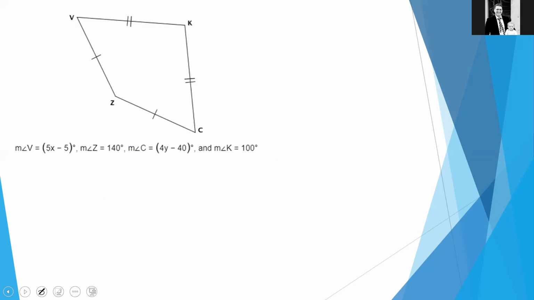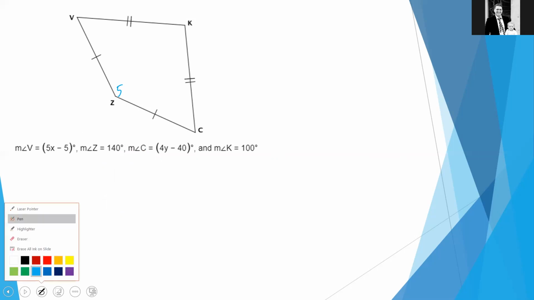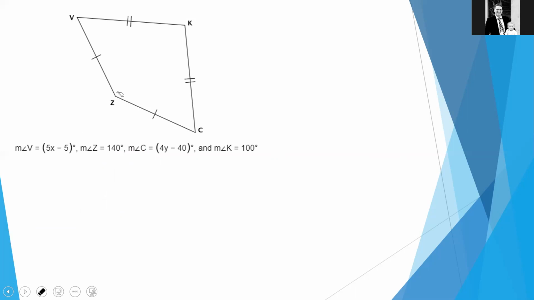Okay, let's look at this one. It gives us the measures of all the angles, and then we're going to try and solve for y. Let's go ahead and label things. Angle Z is supposed to be 140 degrees.